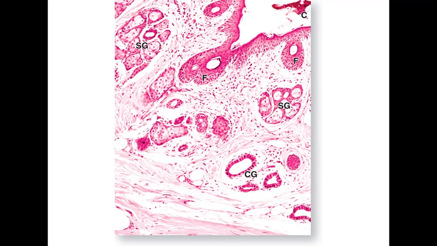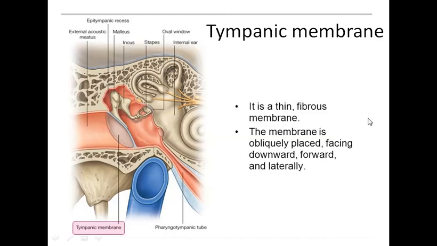Okay, this is the histological slide showing the sebaceous glands. These are the hair follicles, right, and these are the ceruminous glands. ठीक है, और ये हमें wax दिख रहा है, right. Then we come to the tympanic membrane. It is a thin fibrous membrane. We can see very well over here.